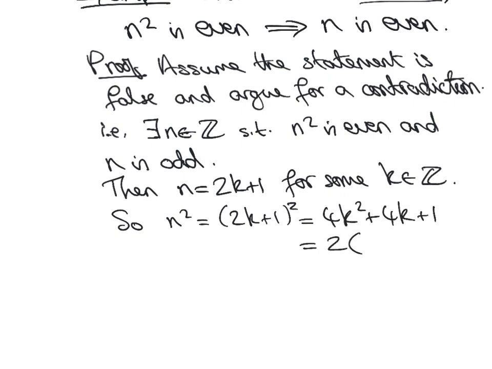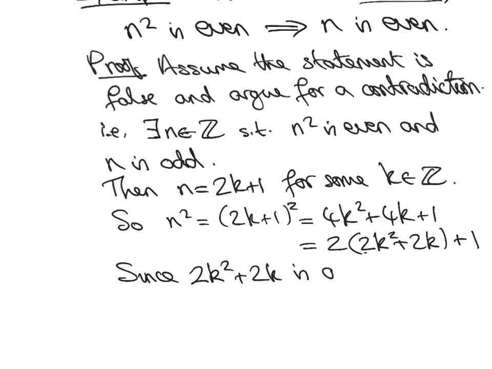And we can rewrite that as 2 times (2k squared plus 2k) plus 1. And now the reason I've done that is because now this is 2 times an integer plus 1. So noticing that 2k squared plus 2k is an integer, we've now shown that n squared can be written as 2 times an integer plus 1, and that means n squared is an odd integer.